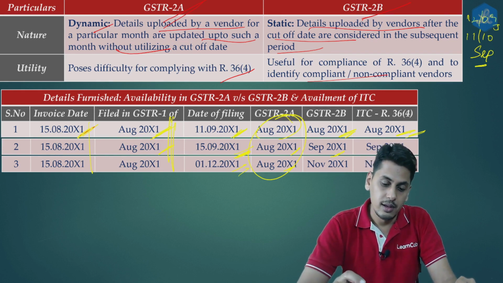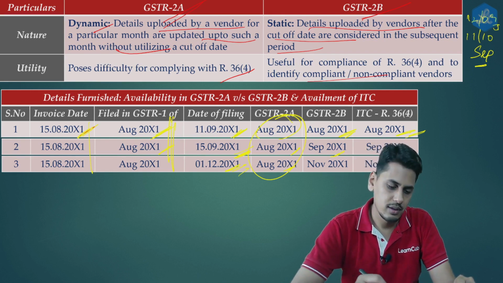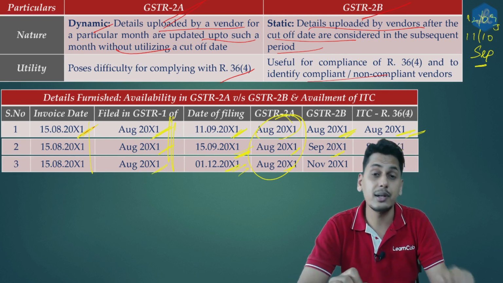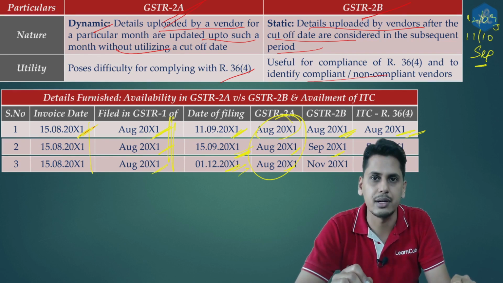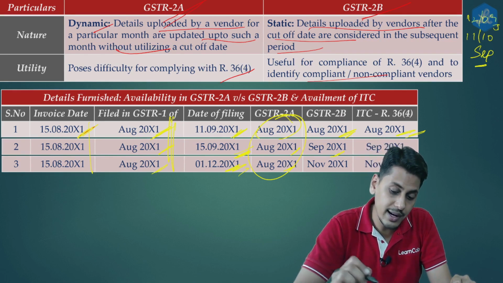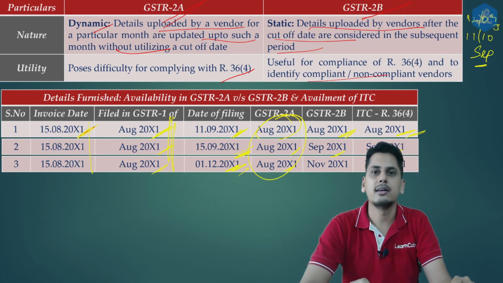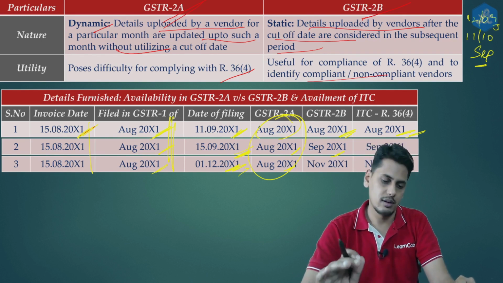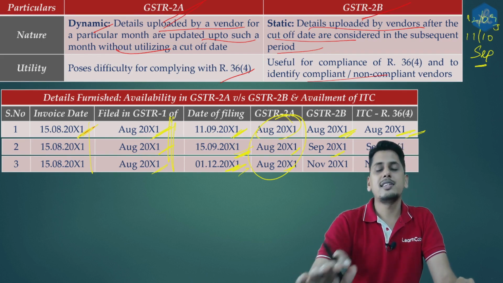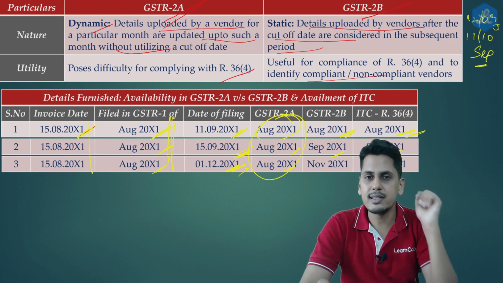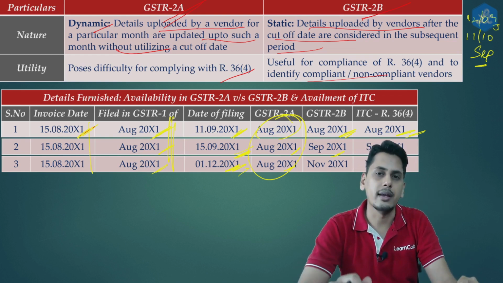Now, the date of filing is 1st of December. He has filed in GSTR 1 of August, but this GSTR 1 of August is filed on 1st of December. Now, when it is filed on 1st of December, in which month GSTR 2B is it going to appear? Now friends, first let's go step by step, then we'll discuss how to find it out quickly.